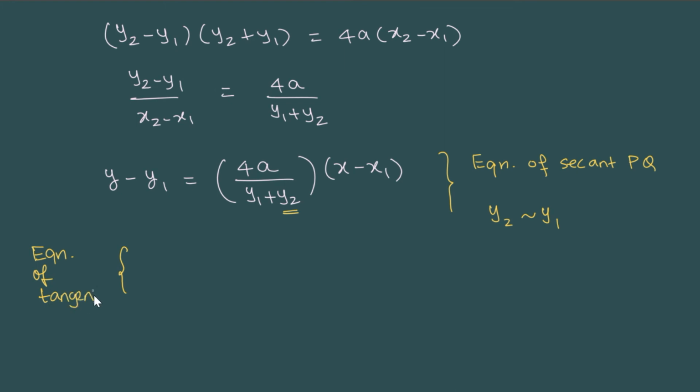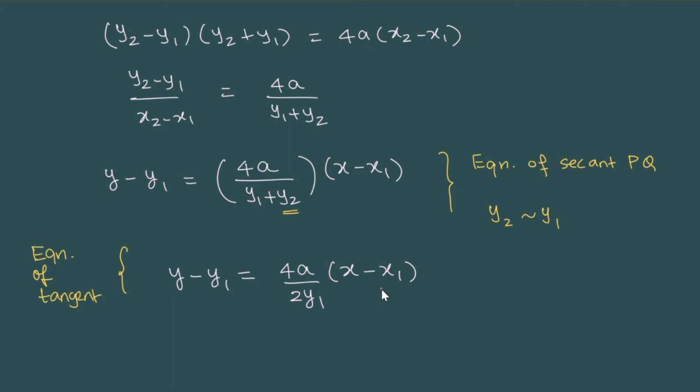At the coordinate x1, y1, the equation of the tangent will be y minus y1 is equal to 4a, and since y2 is y1, I'll have 2y1 into x minus x1.